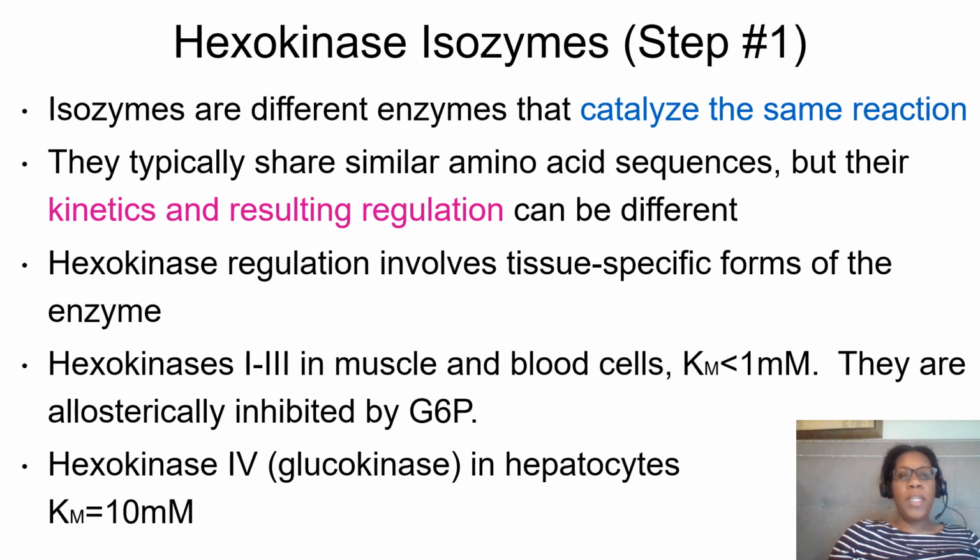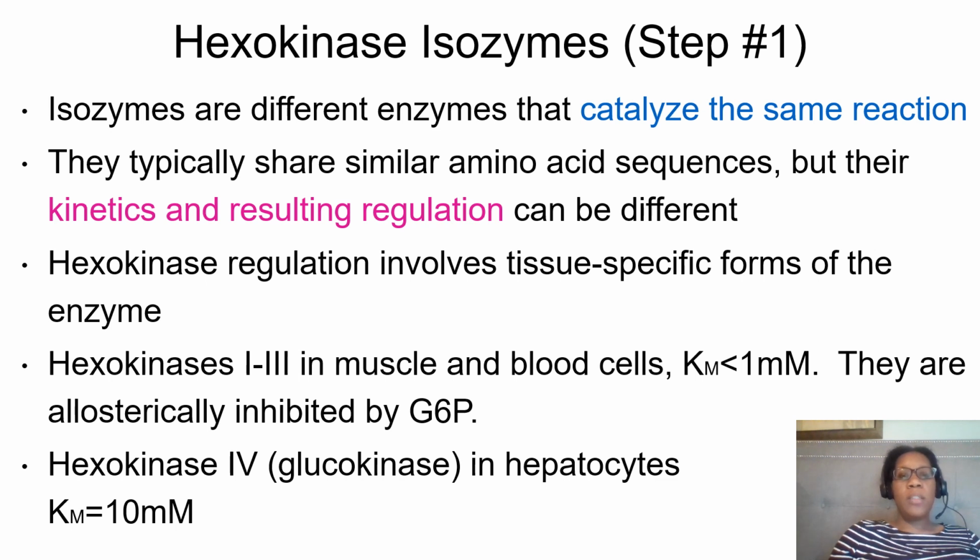So hexokinase 1 through 3 is usually found in the muscle and the blood cells. It has an extremely low Km. That means that in specifically muscle cells that have high energy needs, hexokinase is normally active and operating at its Vmax because the Km is much, much lower than the concentration of glucose.